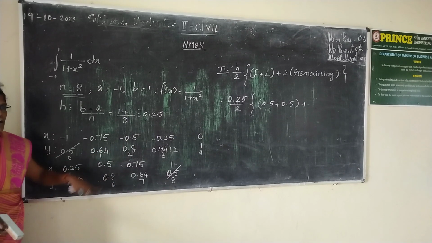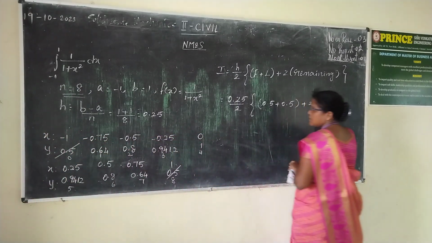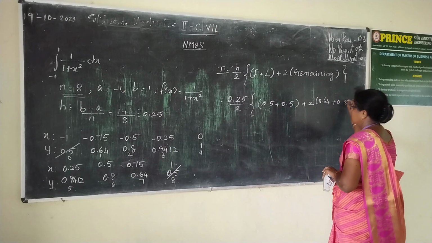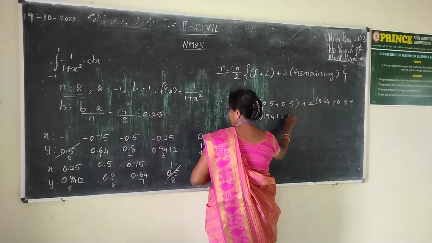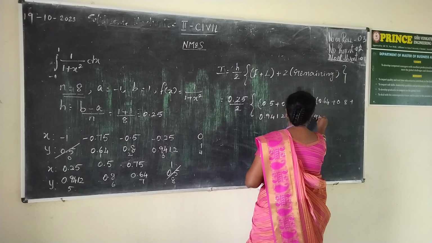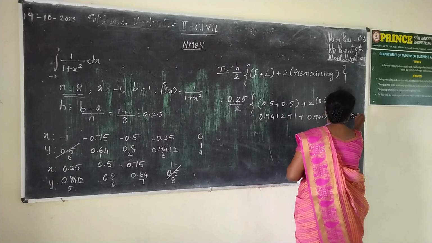Plus 2 into all the remaining y values: plus 2 into 0.64 plus 0.8 plus 0.9412 plus 1 plus 0.9412 plus 0.8 plus 0.64.